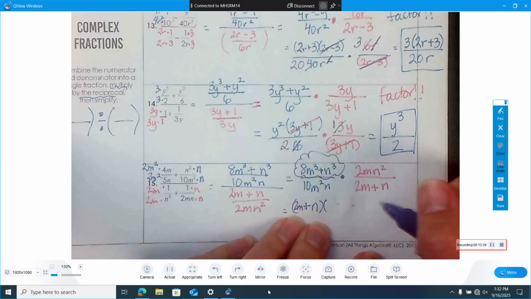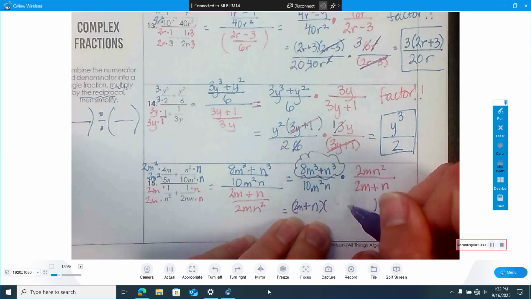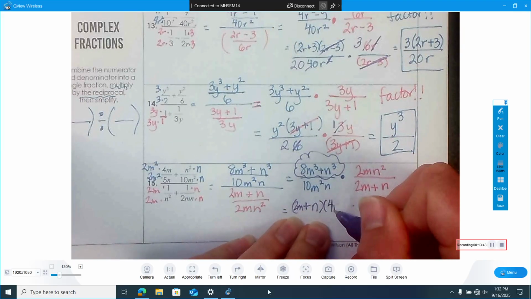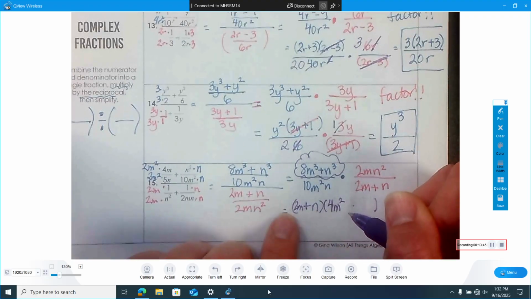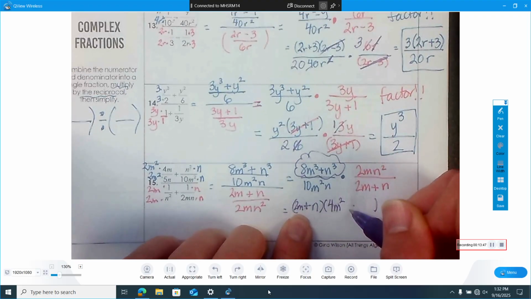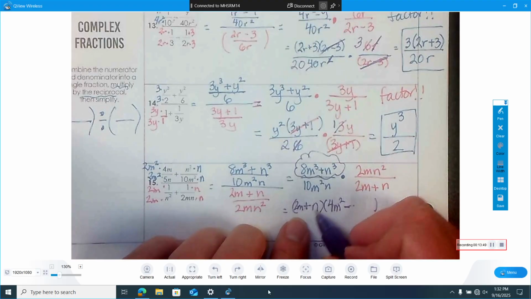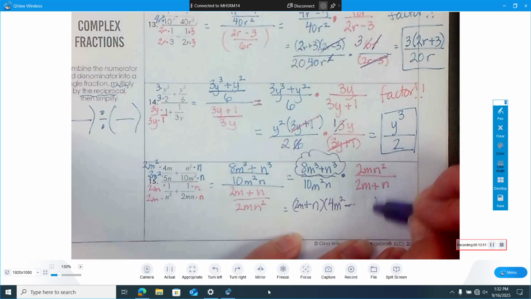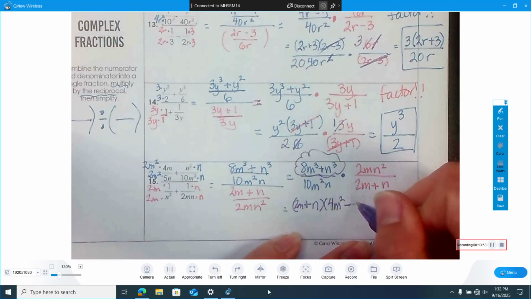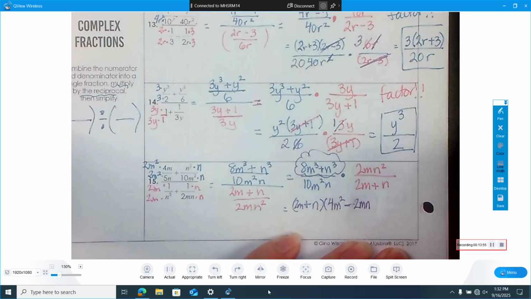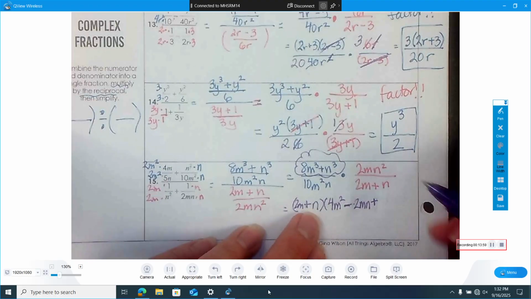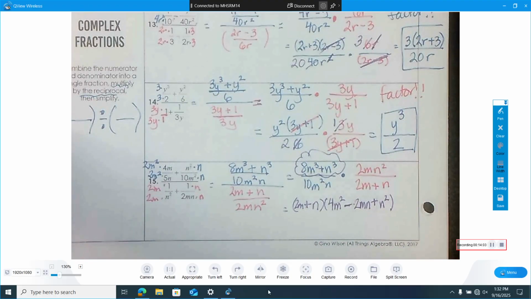What do you get? 4m squared. So 2m times 2m is 4m squared. Multiply in the middle. 2mn. Good. And then square the last thing. N squared. Beautiful. Square the first, multiply in the middle, square the last.